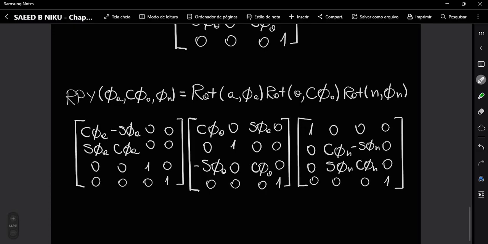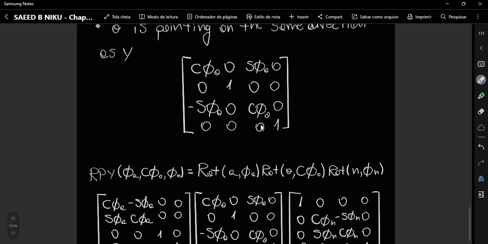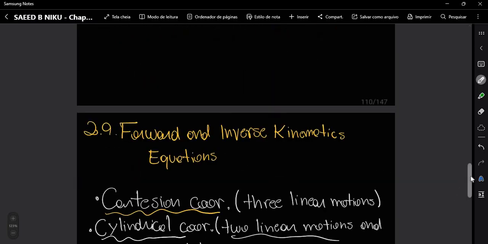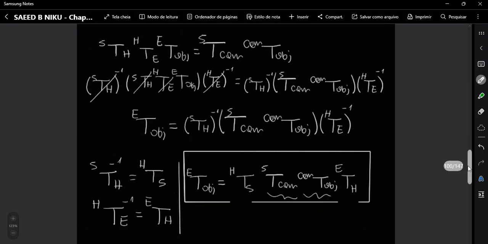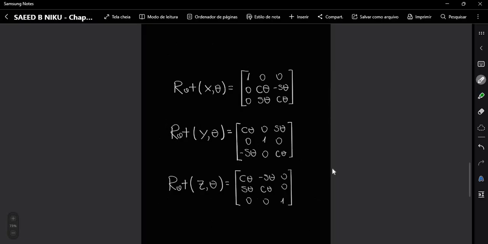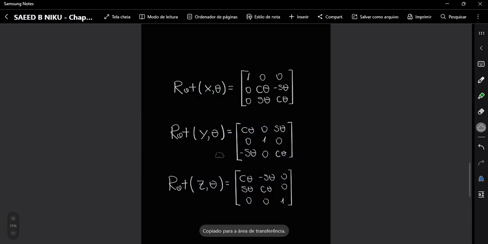Okay, and let me take the characteristic rotation matrices. Let me find them. Right here, the characteristic rotation matrices about the X, Y, and Z axes, respectively.